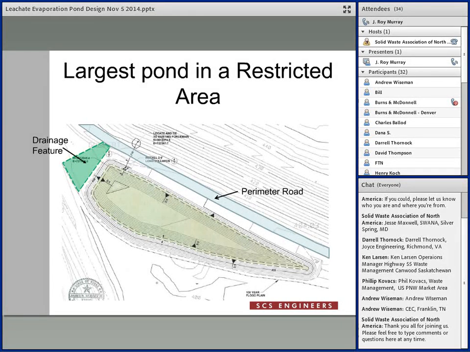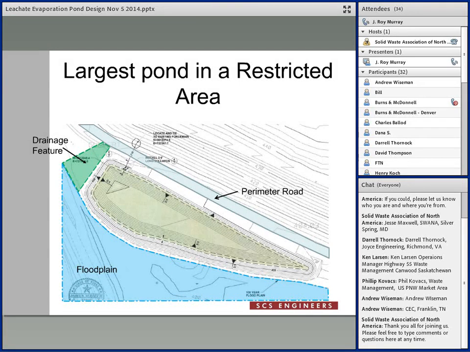We've got a drainage feature that we have to avoid, and we've got a 100-year floodplain that we've got to keep it out of. So sometimes all those calculations I went through can go right out the window, and you're just trying to get as much, in this case, storage and evaporative capability as the site allows.